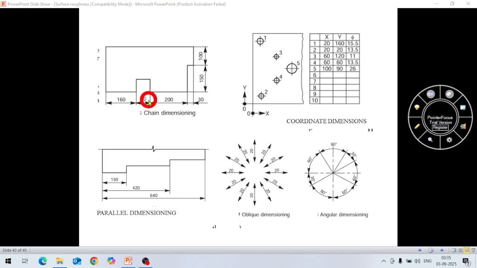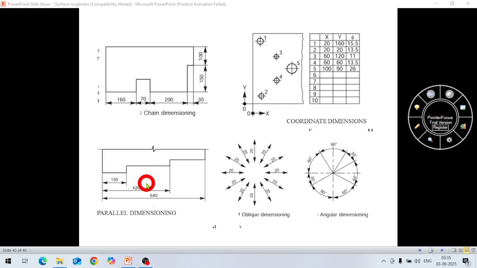When the second dimension finishes, then you give the third dimension like this. This is called chain dimensioning. Here also in the y-axis, if you see, from this point it is 150 and then 100. So this way you can give chain dimensioning.